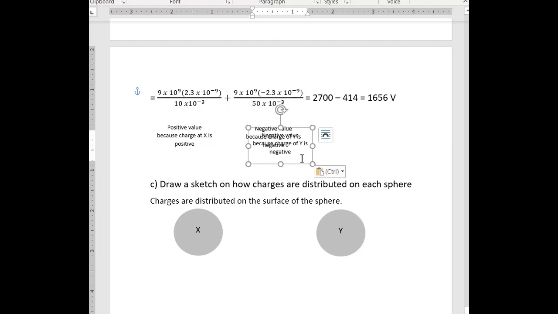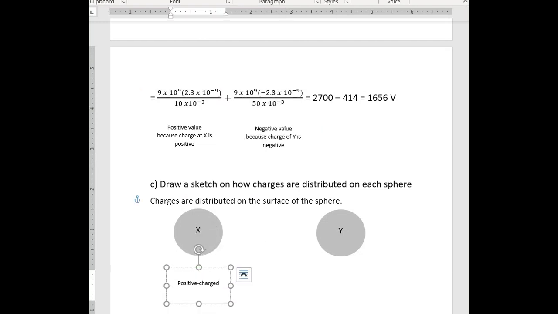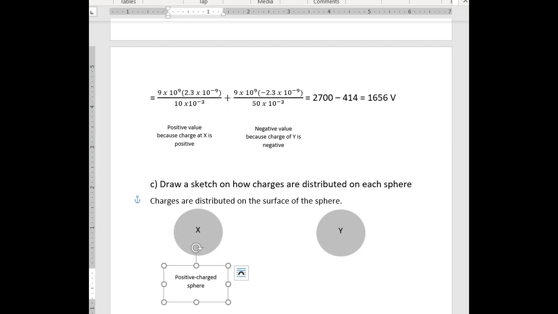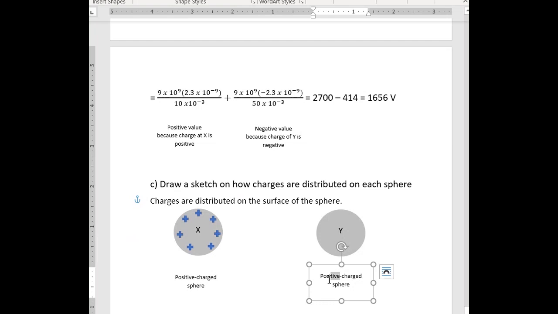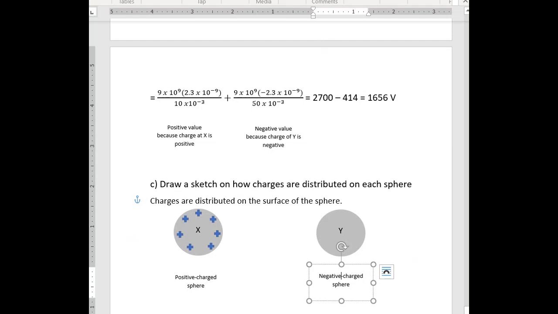X is a positively charged sphere, so it will have positive charge spread around the surface, while Y is a negative charge, so it will have negative charge around the surface.